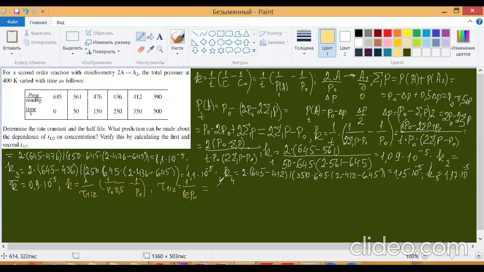It means that what we have just calculated, k is 0.9 times 10 raised to minus 5. The initial pressure is equal to 645.